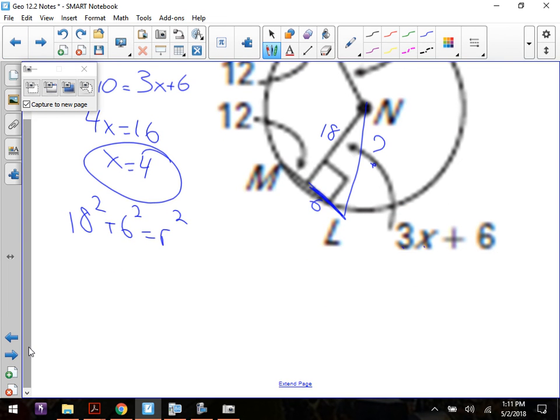Well, what would 18 squared be? 324, and 36 is 360. Well, that's weird. And then the square root of 360 is.